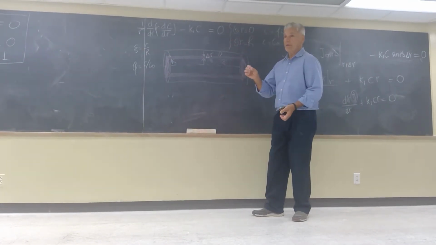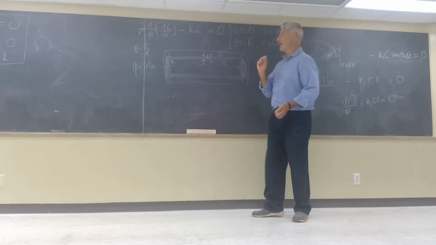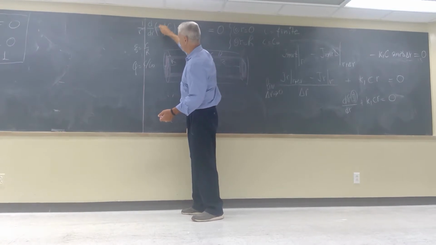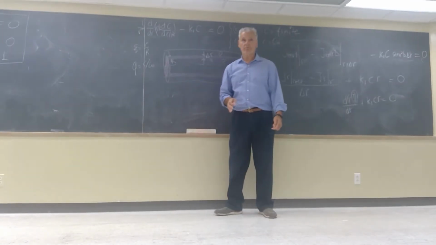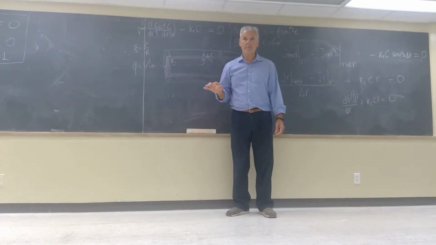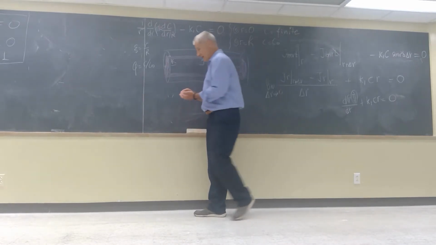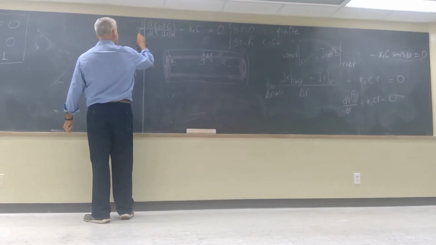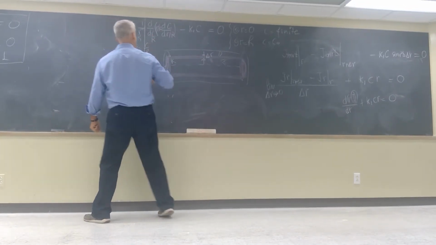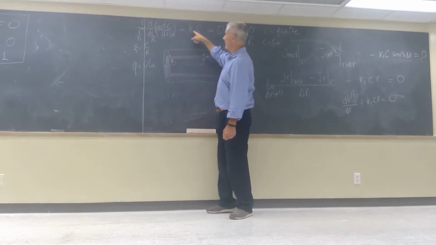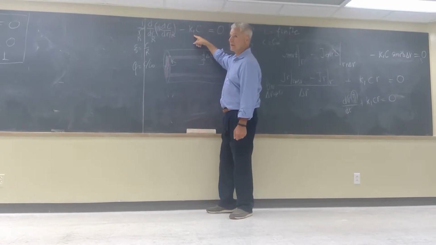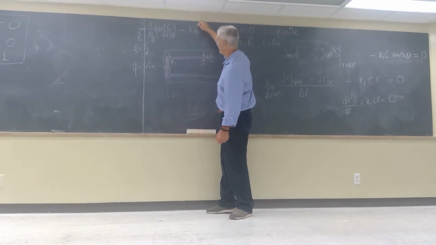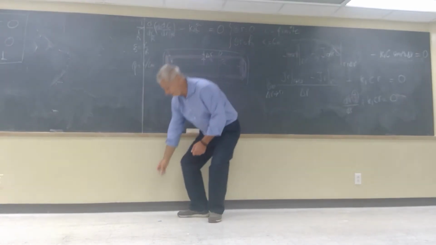Please follow now the accounting of capital R's. We divide this by capital R. We divide this by capital R. We haven't changed anything, correct? But when we divide this by capital R and this by capital R, in order to keep the accounting correct, we have to multiply this by R squared. Okay?